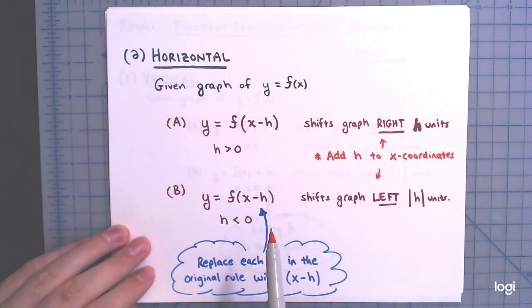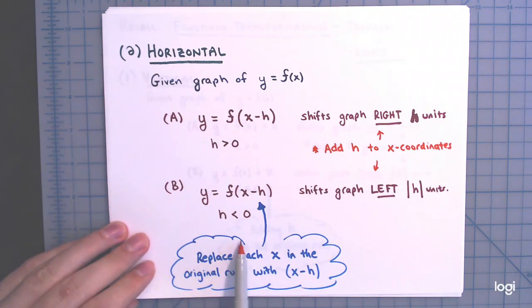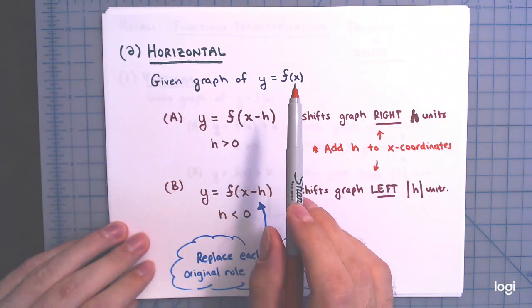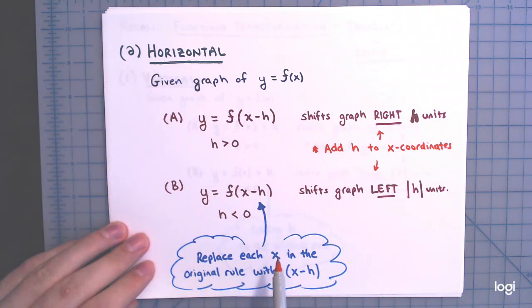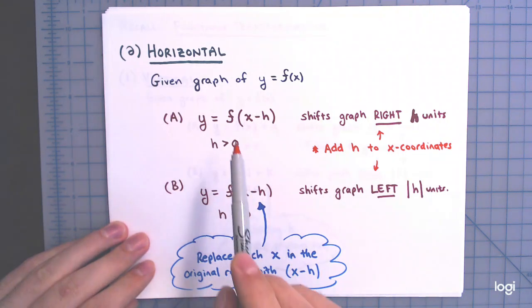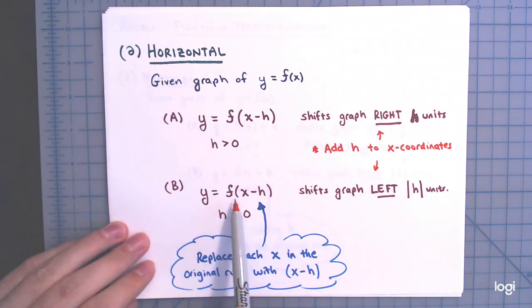So if you want to cause a horizontal shift in a graph, you have to do the thing in the bubble down here. You replace every x, each input in the original rule, with the quantity x minus some number, x minus some h. So that's what this f of x minus h stands for.